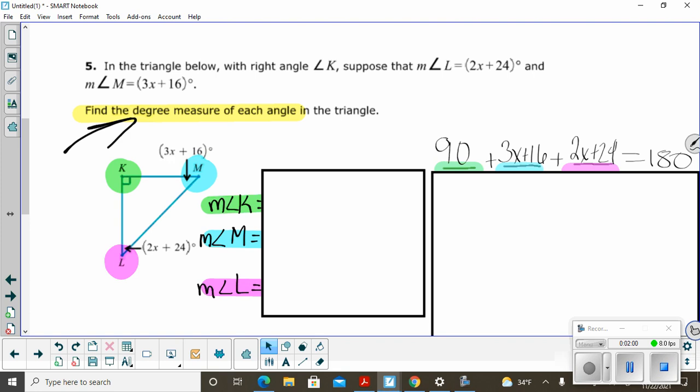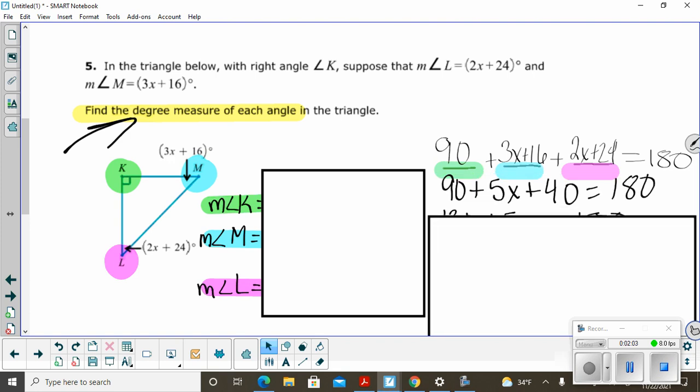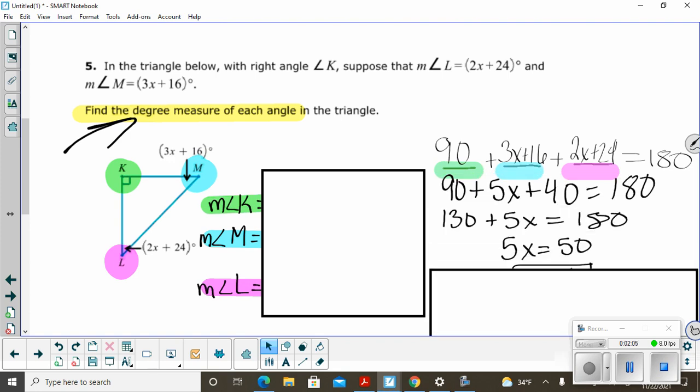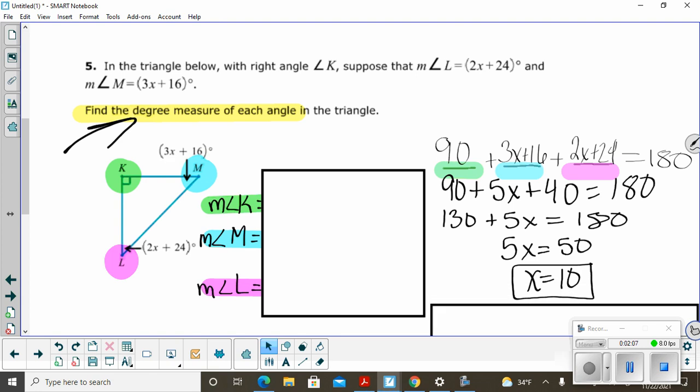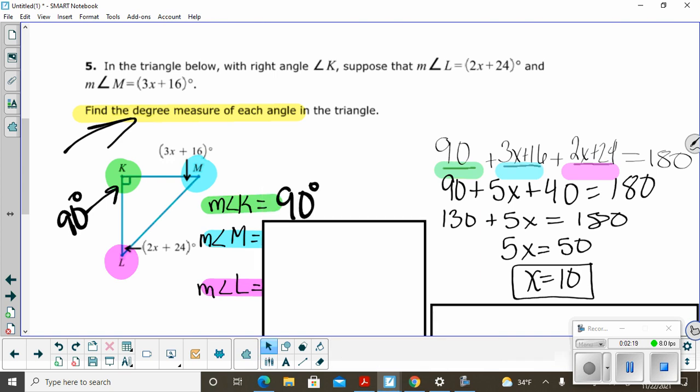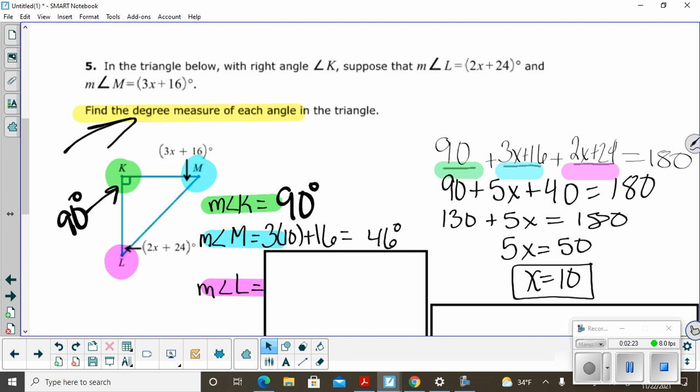So when we do this, remember that all 3 of those angles add up to 180. When you combine your like terms and then solve for 180, you're going to find out that x equals 10.